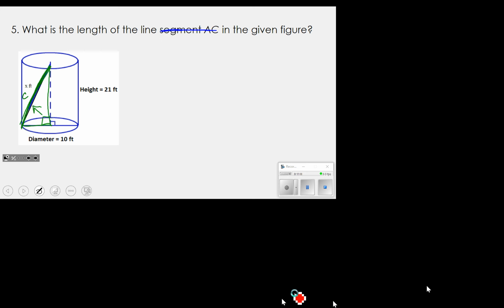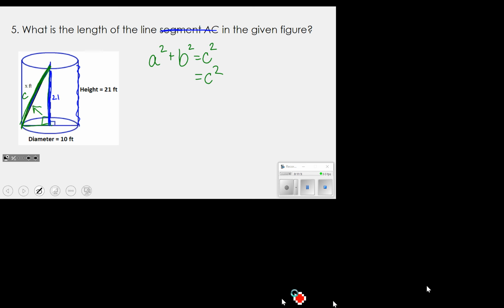So then we can see that we're going to use our Pythagorean theorem. And that is C squared. So we don't know what C is. So we're going to put C squared here. And we have the height is right here. So if that's 21 feet, then that means this is 21 feet as well.